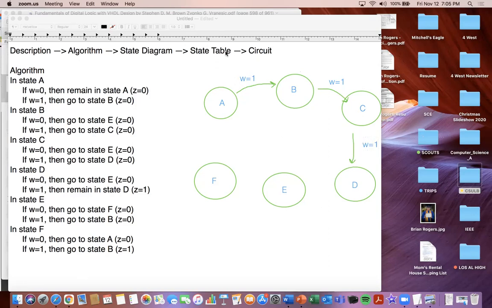And then finally, if W is equal to 1 again, then, oh wait, we're going to remain in state D here. I forgot the Z's. I know, John, you're probably going to tell me. So here Z is equal to 0. Z is equal to 0 here.